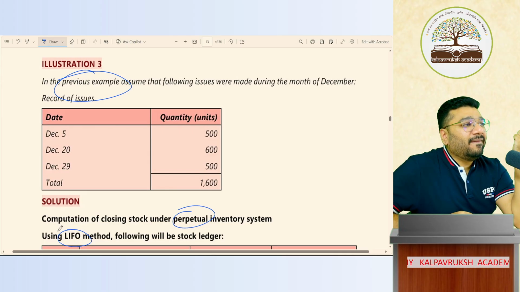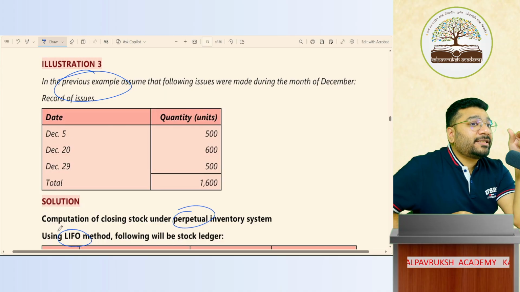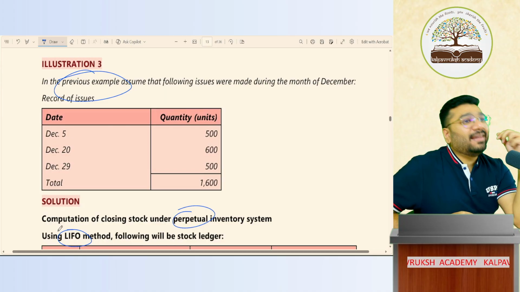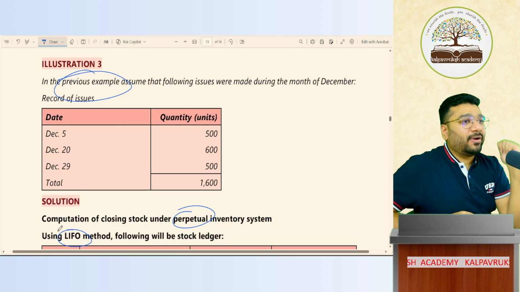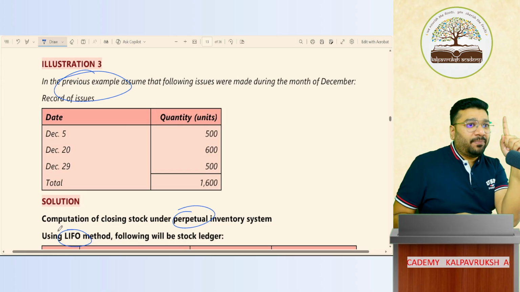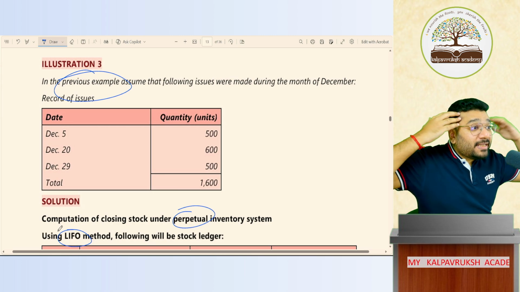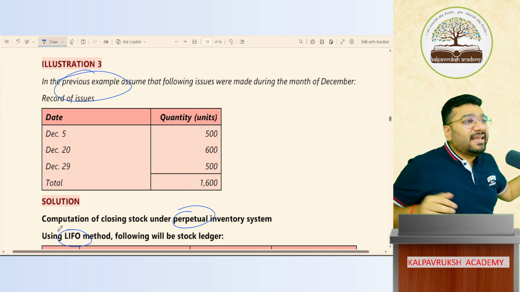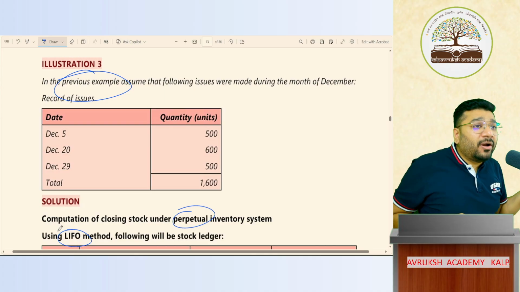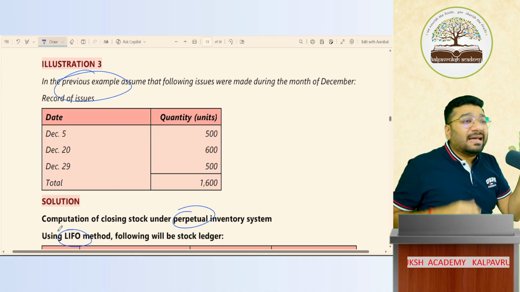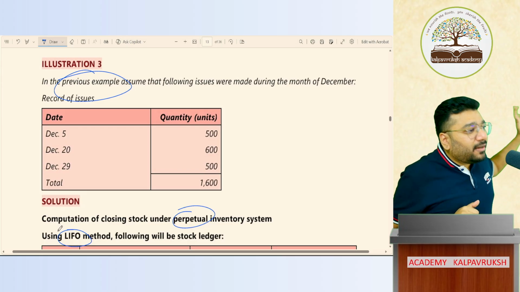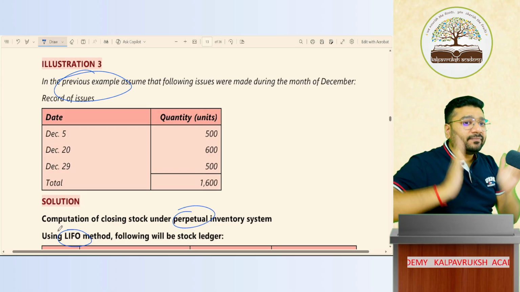Periodic FIFO. Illustration 3 is perpetual LIFO. Will you understand only if it's done in this flow? That's why I took only one example. I did all the 8 varieties so that you understand what is what. Illustration 4 talks about periodic simple. They've given random scattered questions, so I've done a beautiful organization of data in your mind. Got it, not got it?